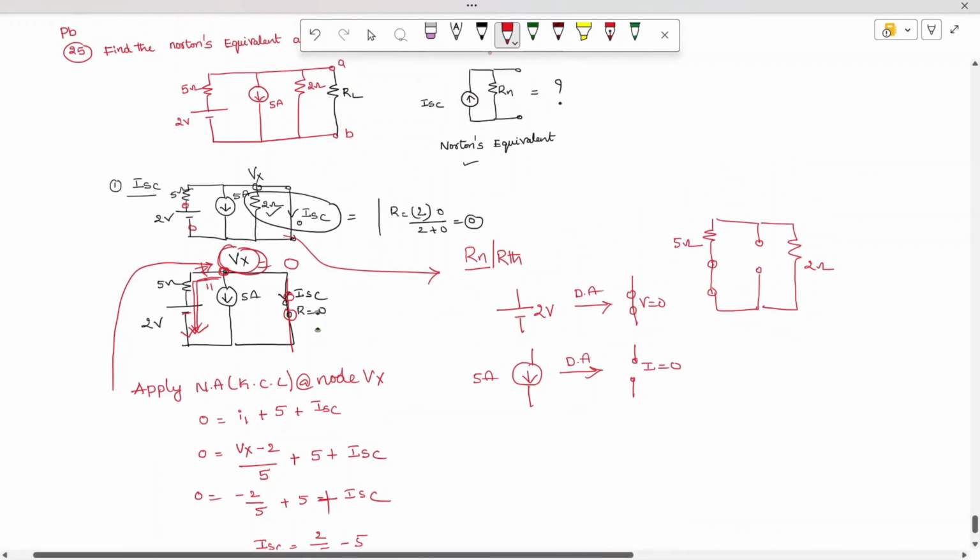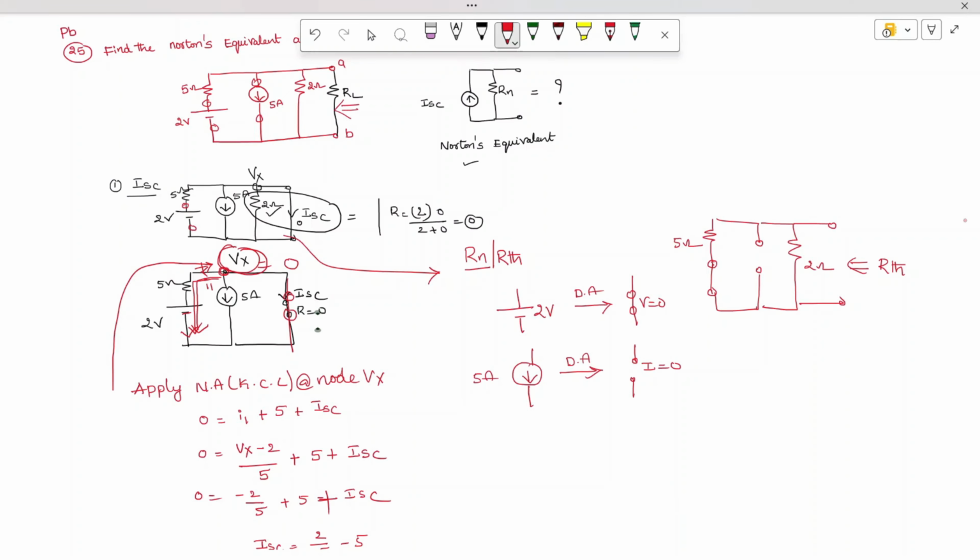We need to make it open. So the procedure of finding RThevenin is very clear, because we solved a lot of problems. Just short circuit the voltage source, open circuit the current source, and remove the load resistor.